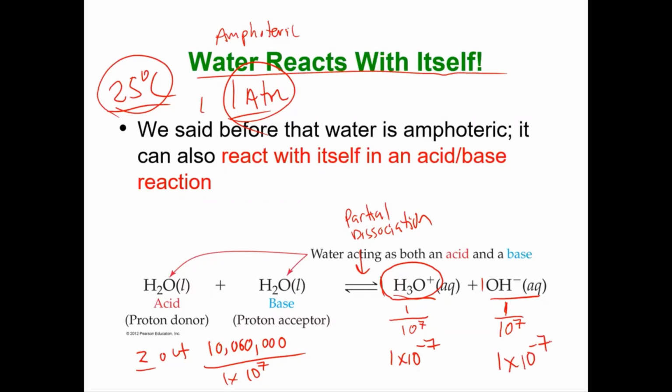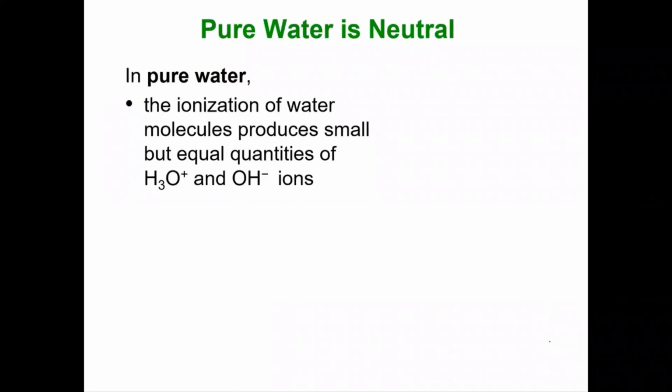Yeah. So why is that interesting? Well, in pure water, we're going to produce a very small amount of hydronium and hydroxide. What was that amount? Wasn't it just 1 times 10 to the negative 7? And we're producing them in equal amounts because their mole ratio was 1-to-1.